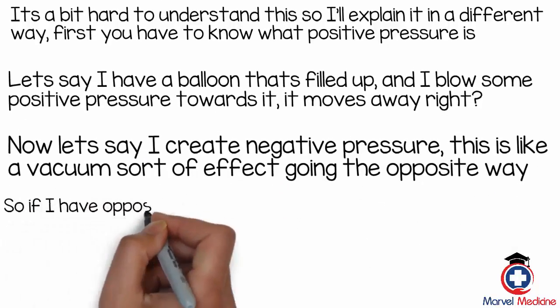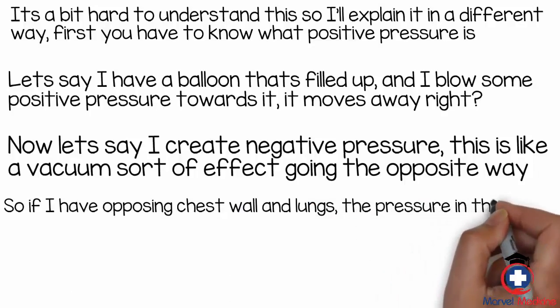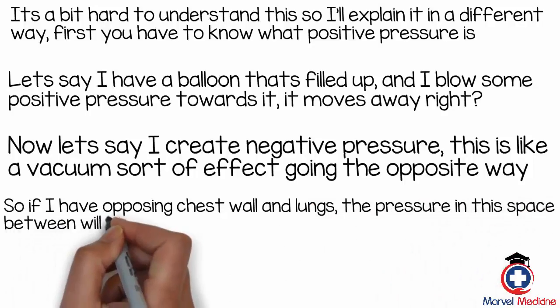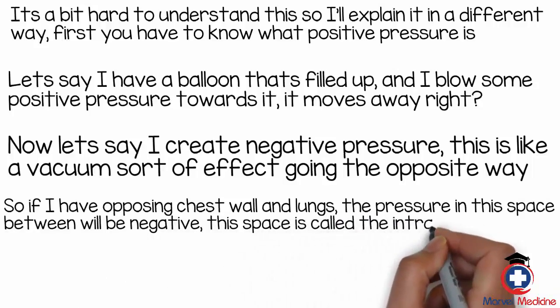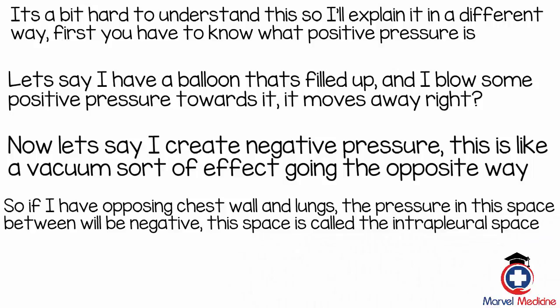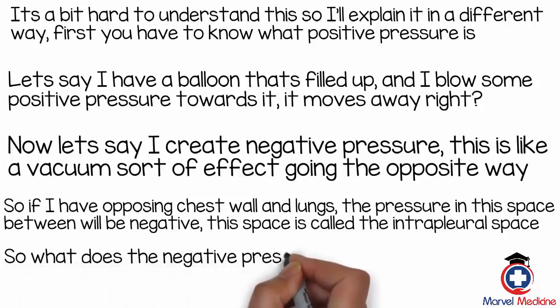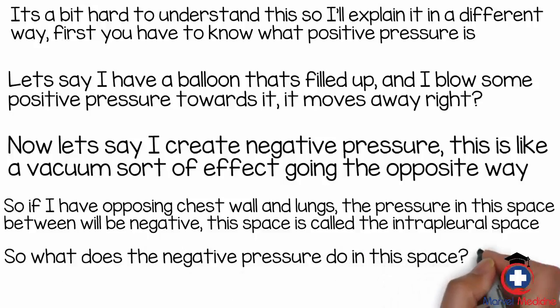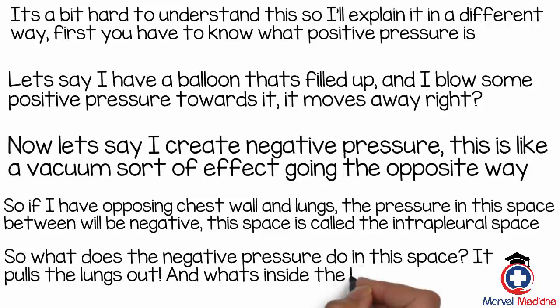So if I have the chest wall and lungs pulling in different directions, the pressure in the space between them will be negative. This space is called the intrapleural space. So what does the negative pressure do in this space? It acts like a vacuum and pulls the lungs out.